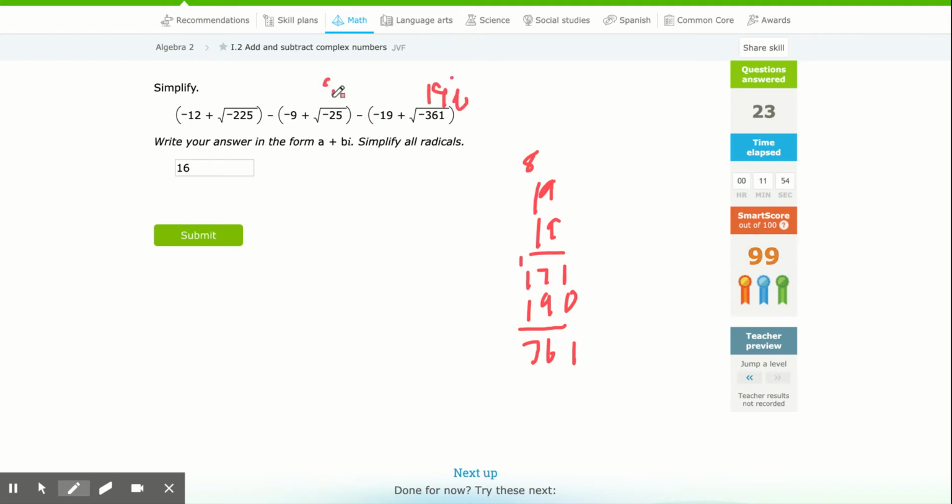This one was 5i. That's negative. And this is 15i. So that's 10i. Ooh, be careful. This is minus as well because of that minus sign. So 10i minus 19i is a minus 9i. Minus 9i. Oops, I'm not in my thing. If you have any questions, bring them to class and I will definitely help you with them.